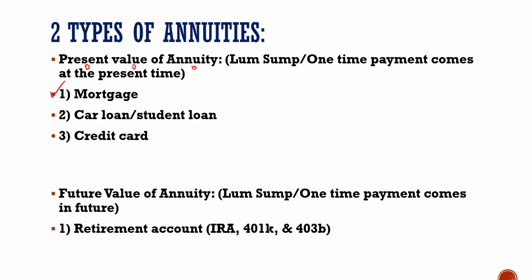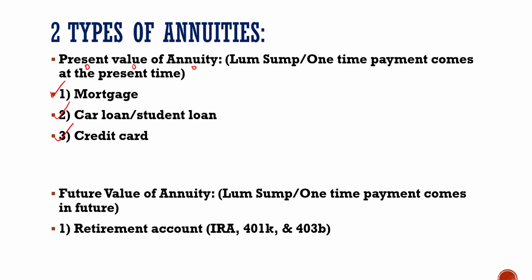When you apply for a car loan or student loan, once the agency approves it, then you have the funds, right? They will send you a check. Also, the credit card is a present value of the annuity. You borrow money from a credit company to finance the purchase, and you make monthly payments to pay off the credit card debt.